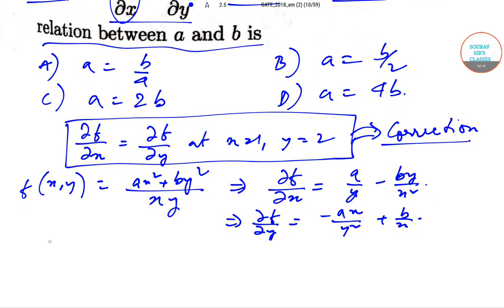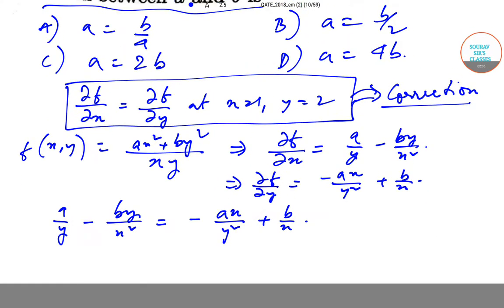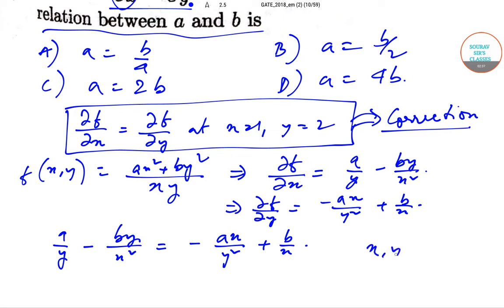This implies a by y minus b y by x square is equal to minus a x by y square plus b by x. Now we know that this is equal only when (x, y) is equal to (1, 2).